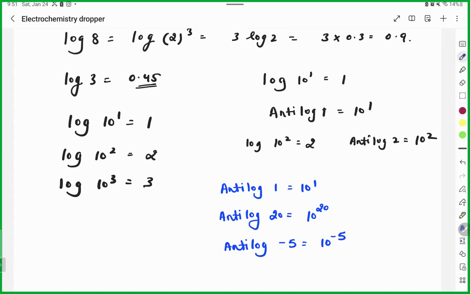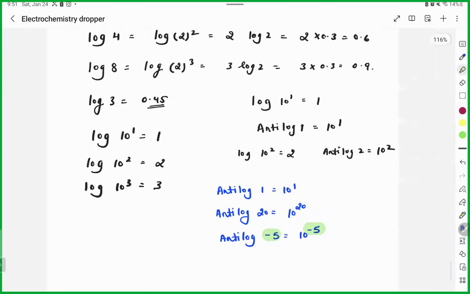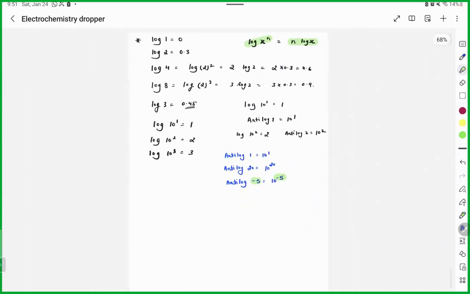Whatever number is given for the anti-log, the same will be the power of 10. Anti-log of minus 3 is 10 raised to power minus 3. Got it, guys. So anti-log is done.